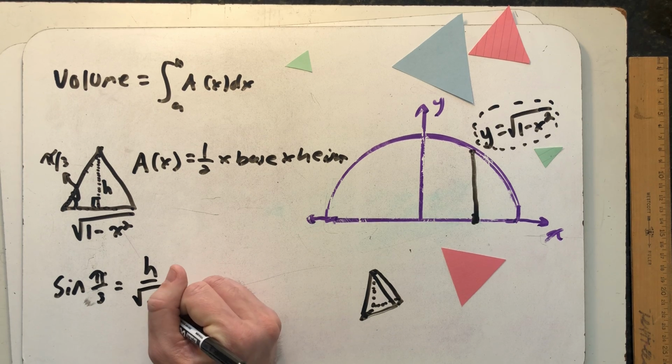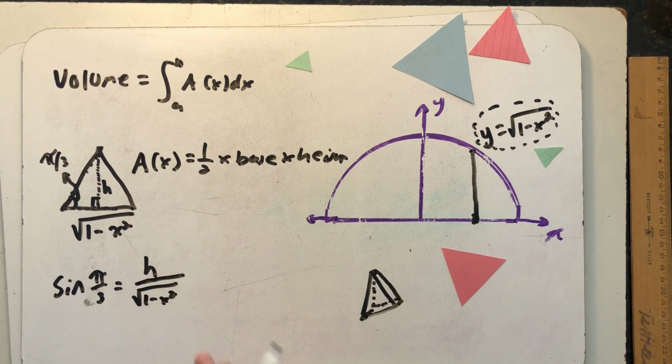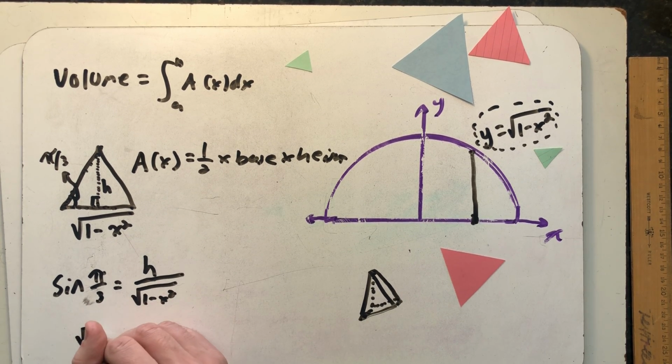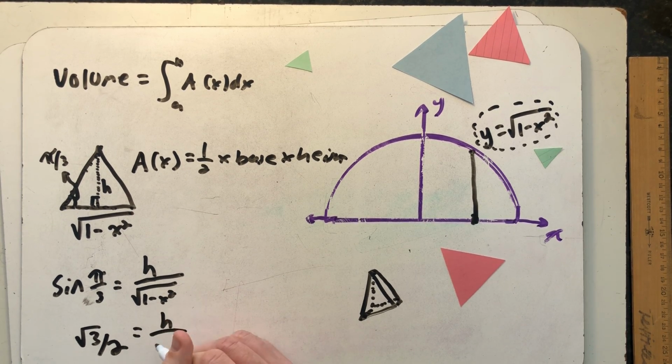So the hypotenuse is the square root of 1 minus x squared as well. So the sine of pi thirds is equal to h over the square root of 1 minus x squared. And fortunately, we know the sine of pi thirds is the square root of 3 over 2. So we can get h by itself, and now I know the base and the height.